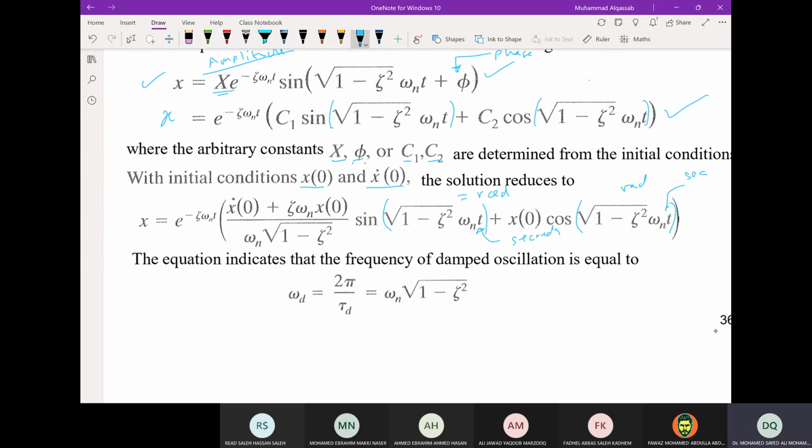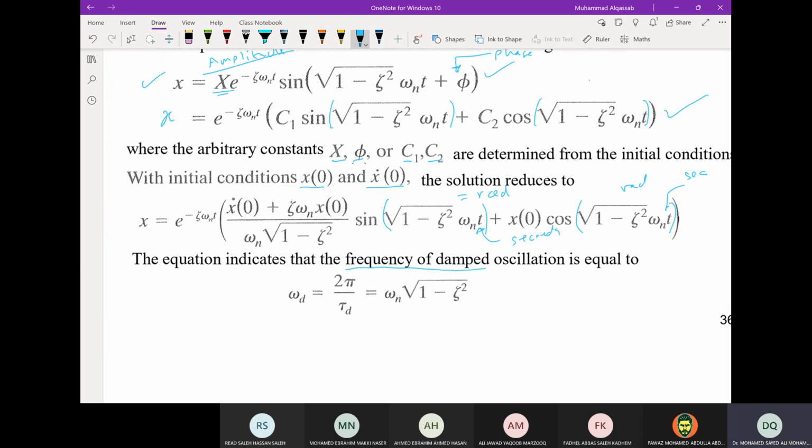Therefore, the frequency of oscillation here, square root of 1 minus zeta squared omega n, is the frequency of oscillation. Okay, the argument should be radians, and time is in seconds, then the rest should be radians per second. And this is called the frequency of oscillation.